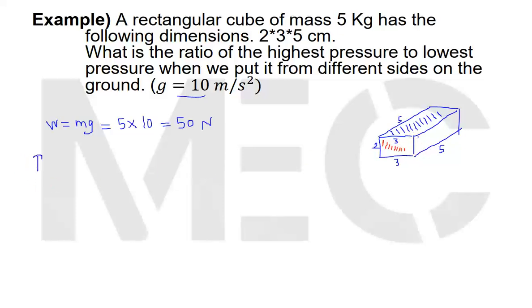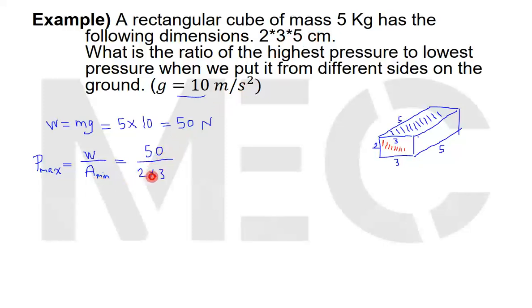If I want to calculate the maximum pressure, I need to apply the weight over area. But which area? The minimum area. When area is minimum, the pressure will be maximum. So this will be 50 over 2 times 3. You may wonder why I'm leaving the area in centimeter.